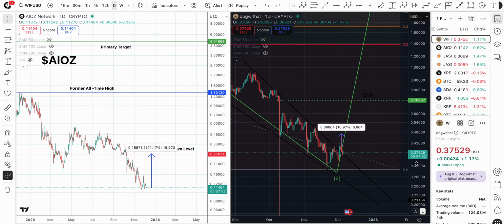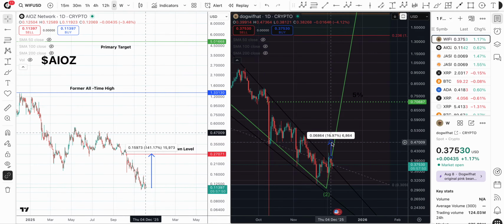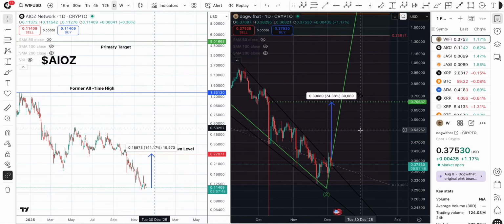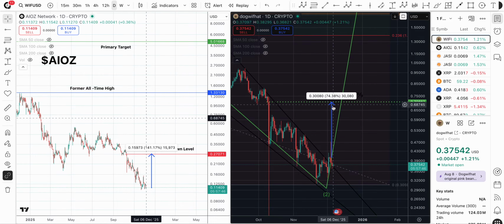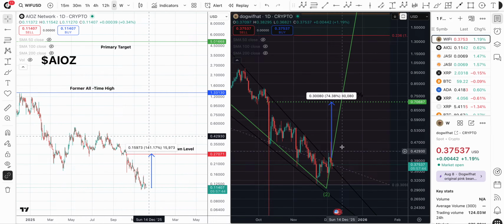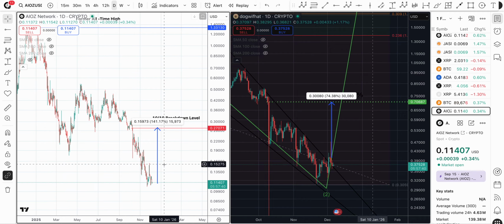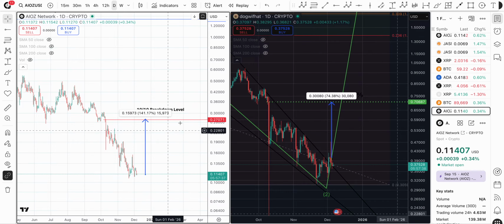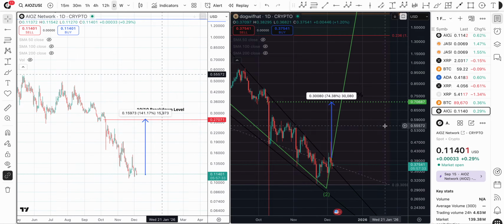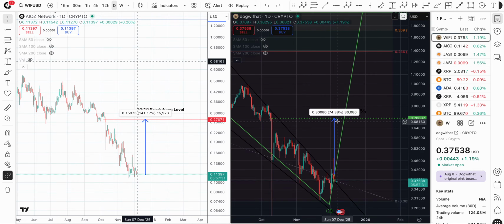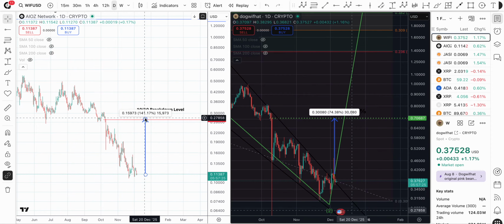In order for WIF to get back to its 10-10 breakdown level, and I haven't done this math yet, which again is the level across the board we're looking for these things to get back to quickly, well, it wouldn't make sense for you to rotate AIOZ on the short term here into WIF because the amount that we feel strongly about, that we have a high probability this price gets hit, this has way higher recovery.